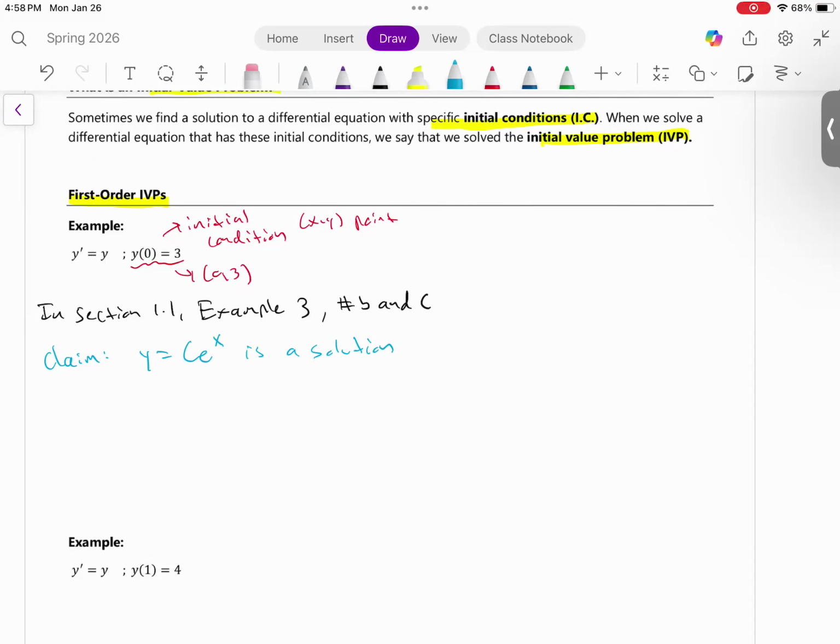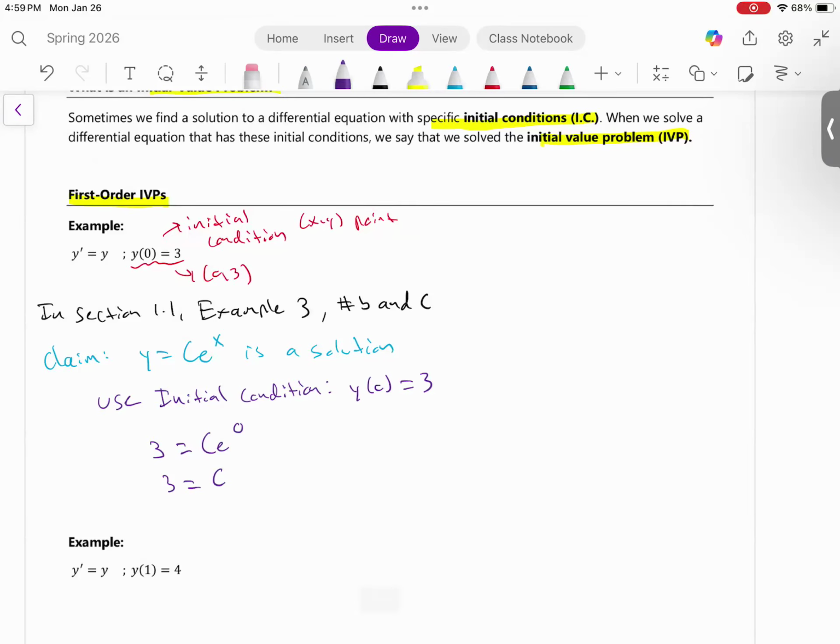So I claim that's a solution, and let's go ahead and figure out what C is. We have an initial condition, y of 0 equals 3. So I'm going to plug in 0 for x and 3 for y. So this would be 3 equals C e to the 0. E to the 0 is just 1, so C equals 3.